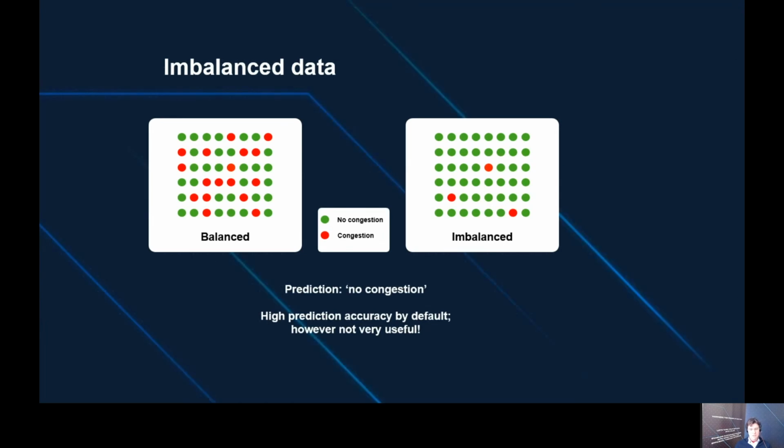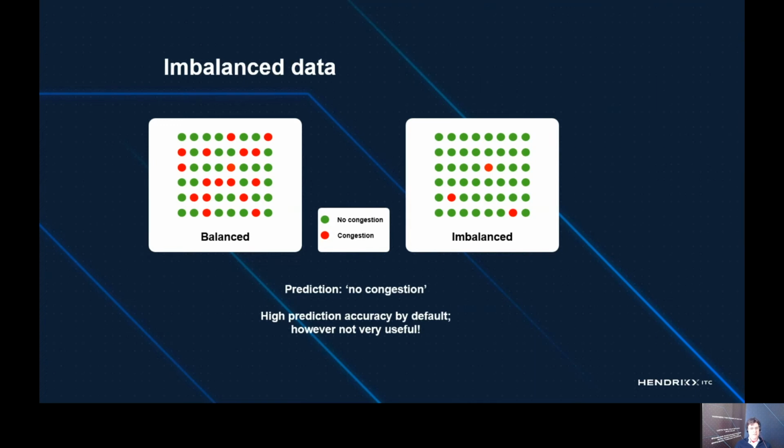Then another issue which you have to deal with is congestion issues. Congestion is not happening that often in a network, at least it shouldn't. And that means that when you're working with congestion data, the data set is imbalanced.